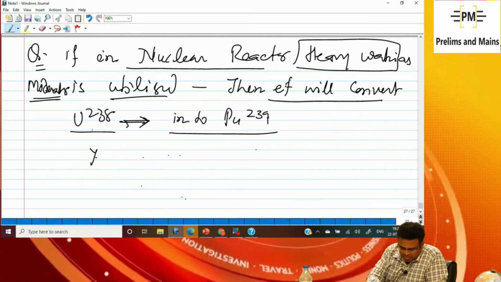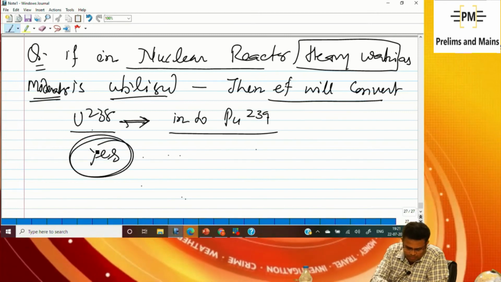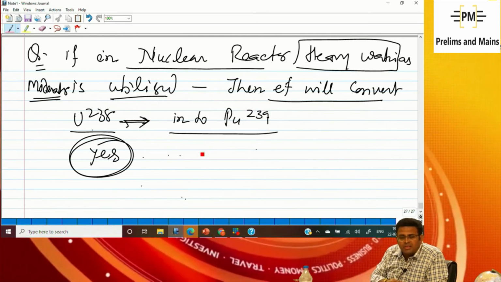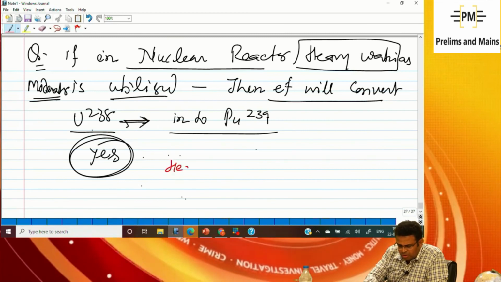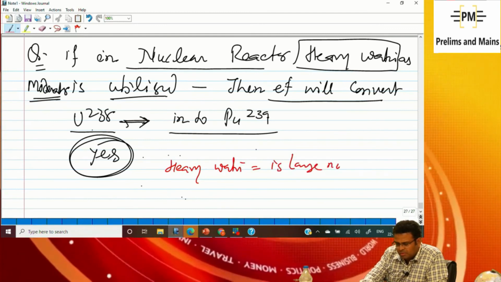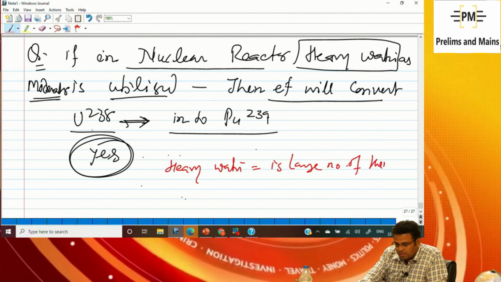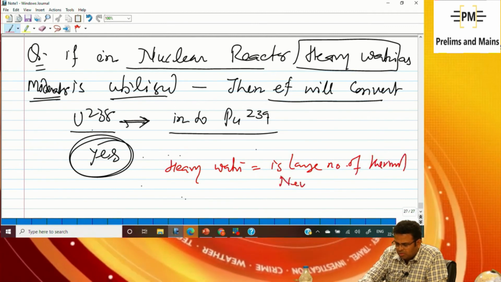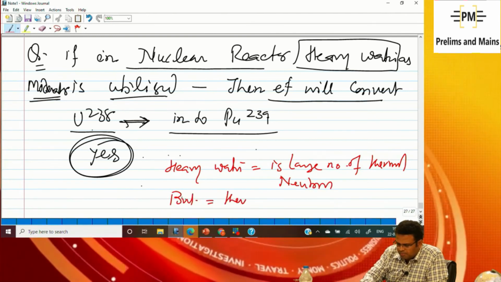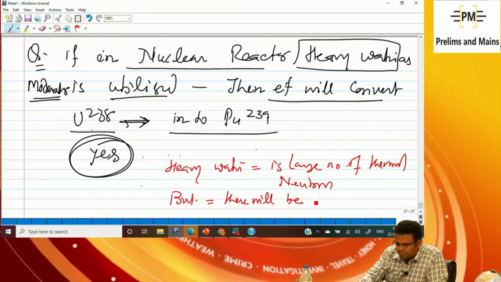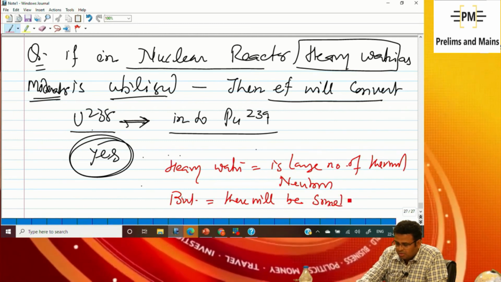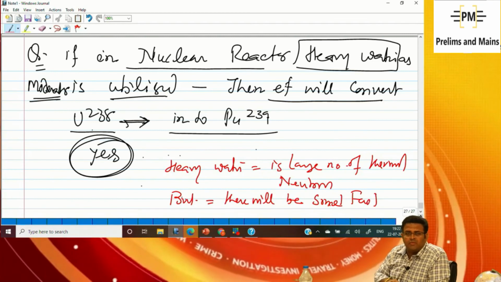Not electron but neutron, beta. Yes, the answer is yes. Because heavy water, you know, is making a large number of thermal neutrons, but there will be some fast neutrons, because all neutrons will not convert into thermal neutrons.